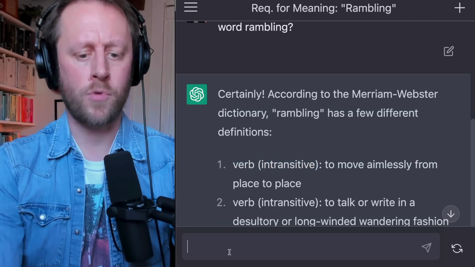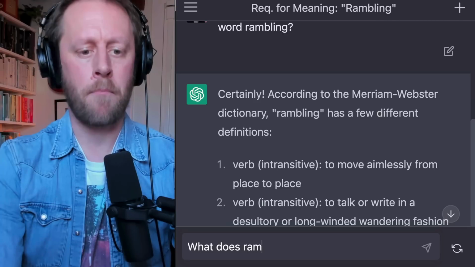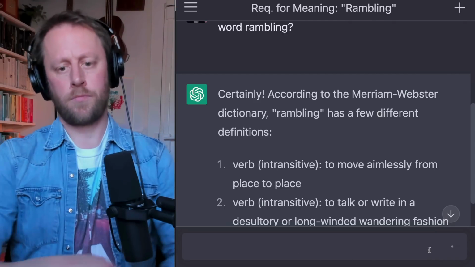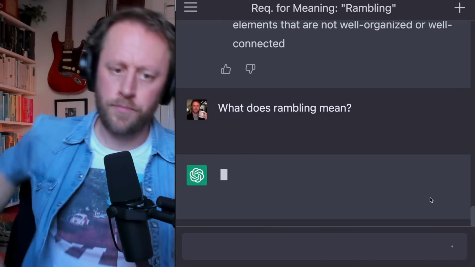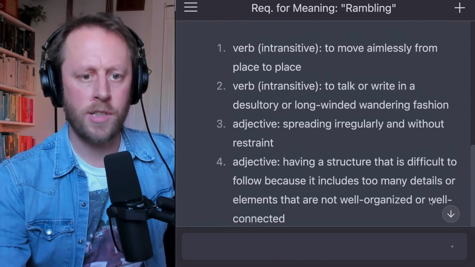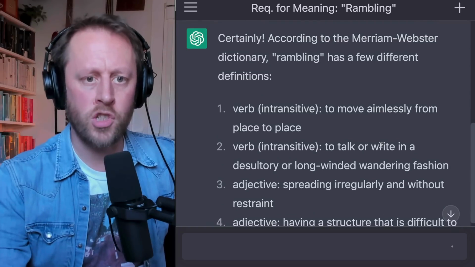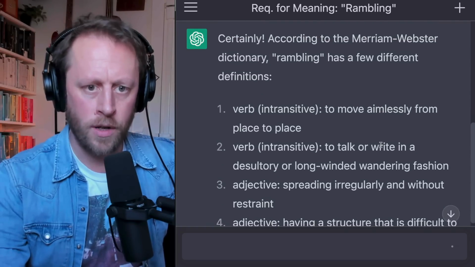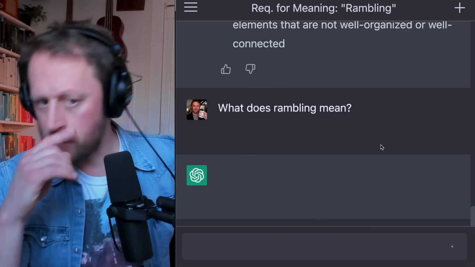Let's just see what happens when you say, what does rambling mean? The reason I'm asking again is because I just want ChatGPT to give me its answer rather than referring to another dictionary. It's thinking about it.